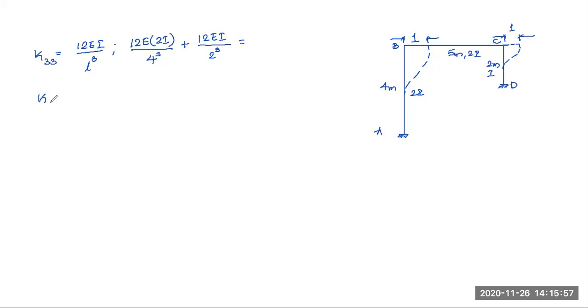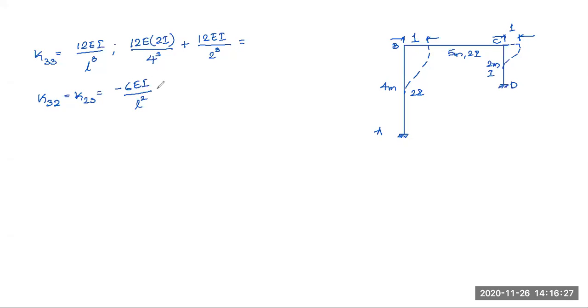Even you can verify this K32, which is equal to K23 also here. So due to this way, there is no moment set up in this beam. Okay, so this is 0. This displacement is not affecting. Actually, it is given by, in this case, minus 6 EI delta by L square. Here delta is 1, or for this member BC, delta is 0.